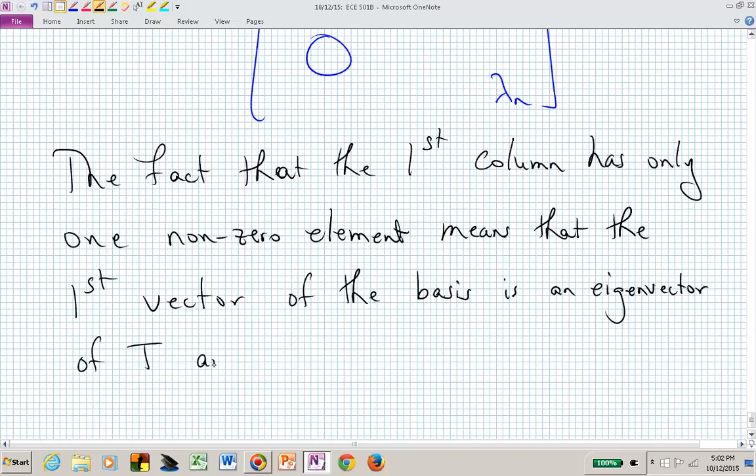And what's the eigenvalue? It's lambda 1, the way we've defined it.